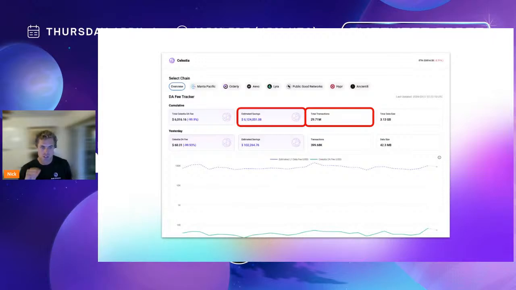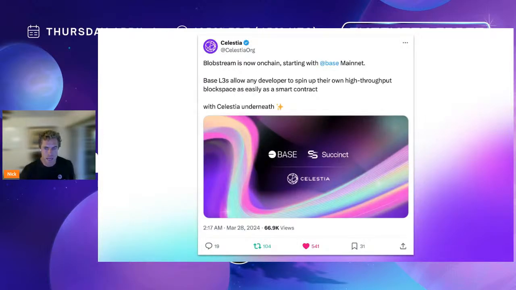And I think this is really just the first step, and kind of proving out that this system works. And now we're entering into another phase where we're starting to have more meaningful integrations and deployments, such as Blobstream, which has been deployed now on Base as well as on Arbitrum.